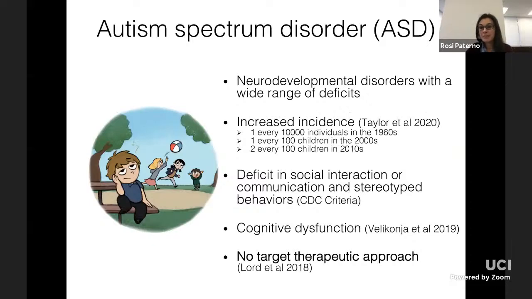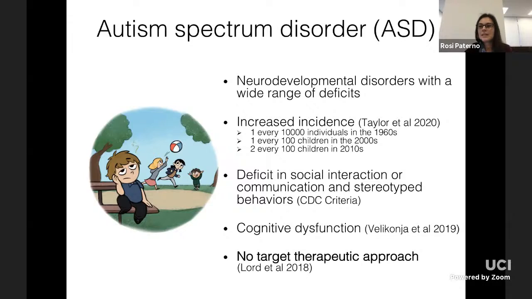Focusing on autism. Autism spectrum disorder is a neurodevelopmental disorder. And in the last 20 years, since 2000, it has been shown that there has been increased incidence of this disease. In particular, 1 in every 100 children is affected.